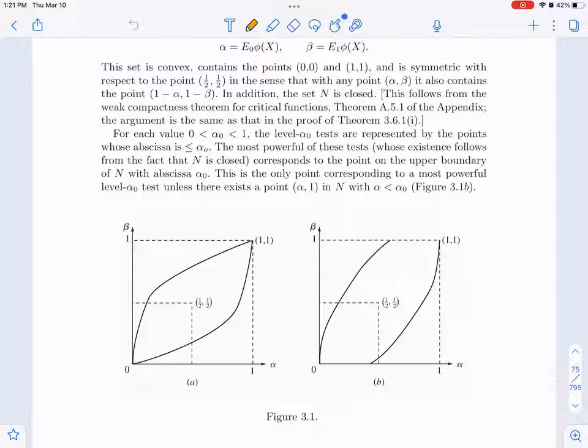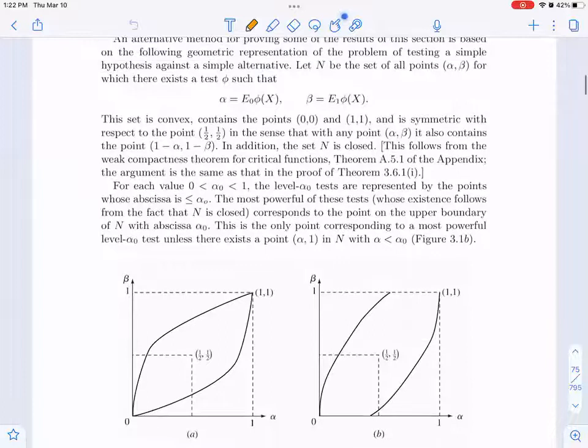The next point is that it's always symmetric about the point 1/2, 1/2, because if I have a test phi, then 1 minus phi would realize the reflected point.